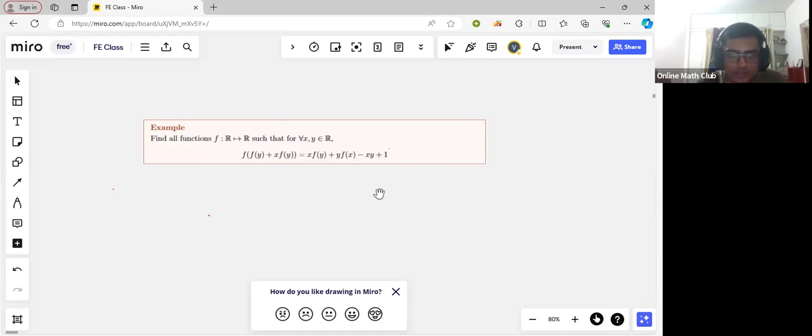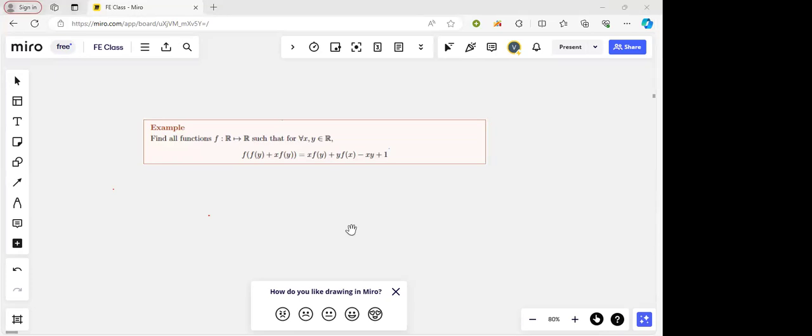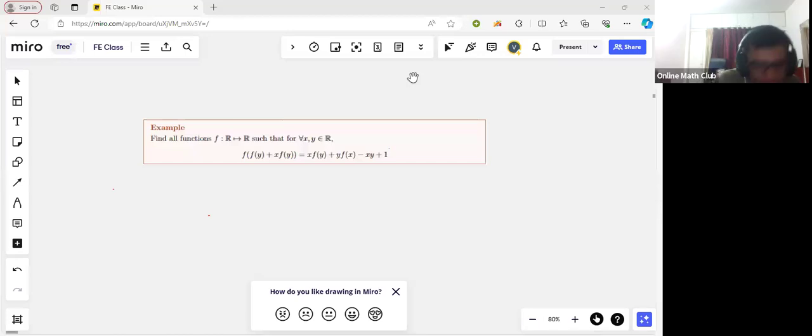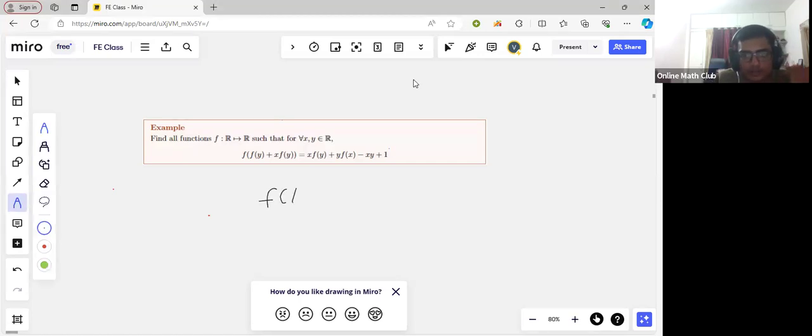Yes, x equal to 0 reduces some terms. X equal to 0 simplifies this a lot. So firstly, what do you think is the solution set? It's usually the first thing we should try. What is the solution set?